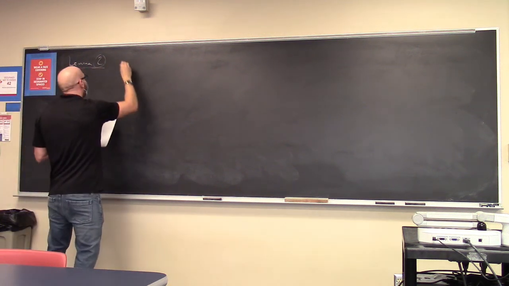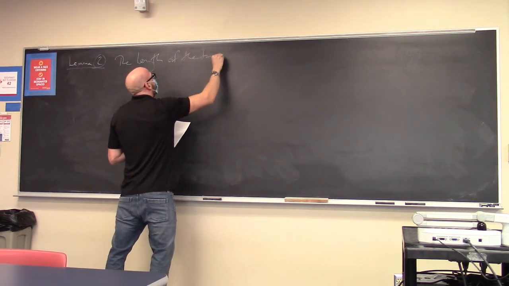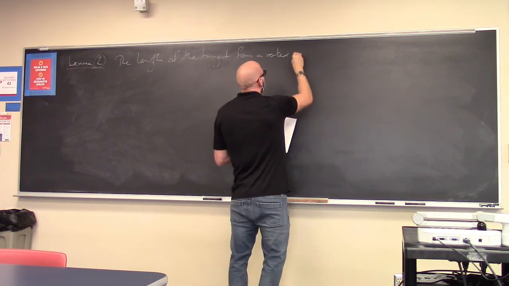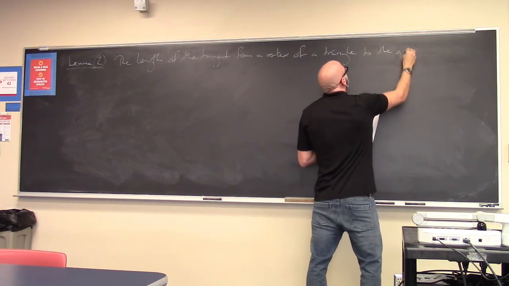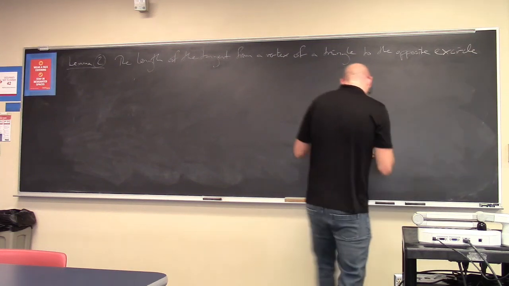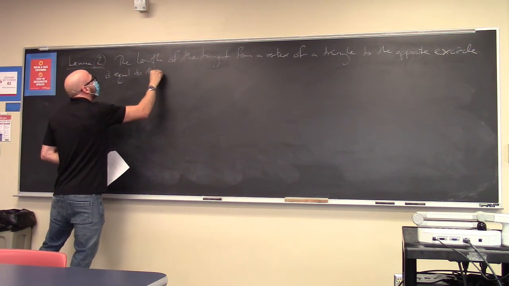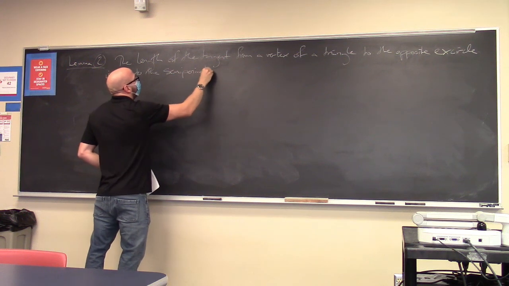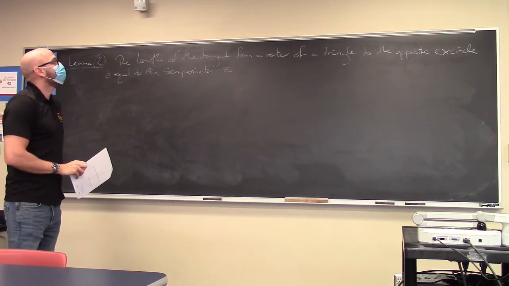Lemma 2: the length of the tangent from a vertex of a triangle to the opposite excircle is equal to the semiperimeter, S.